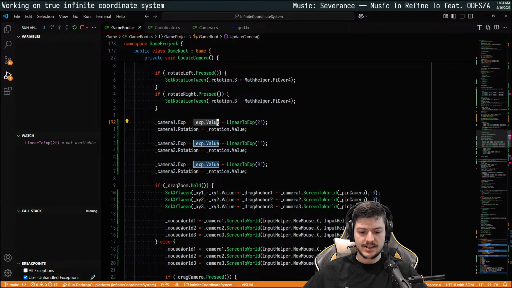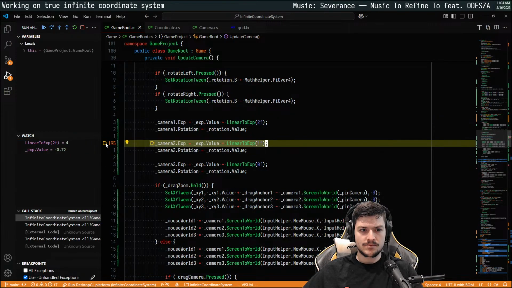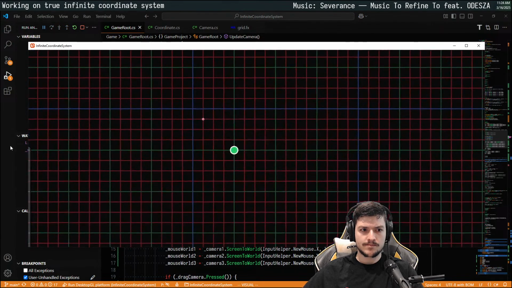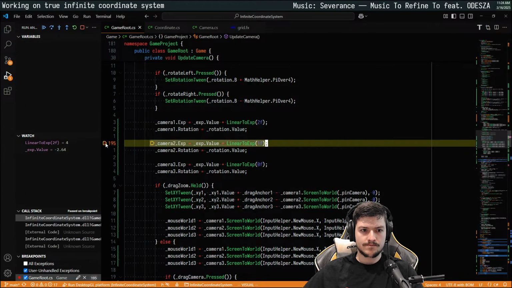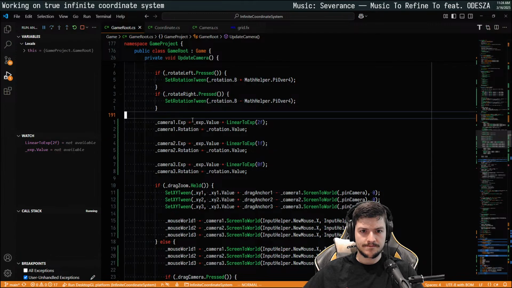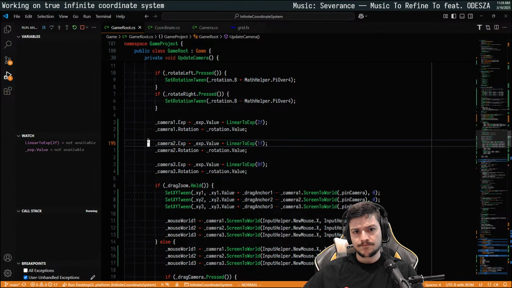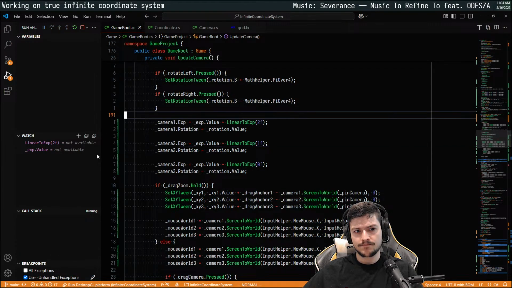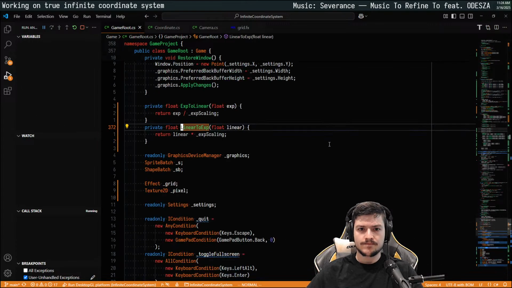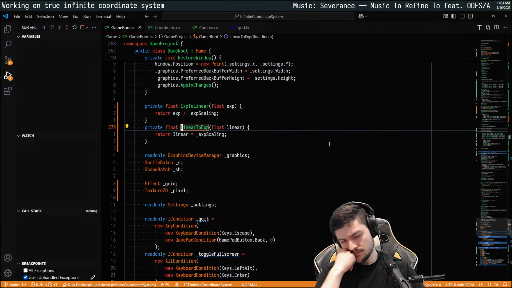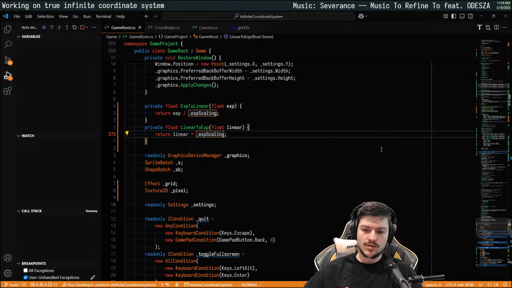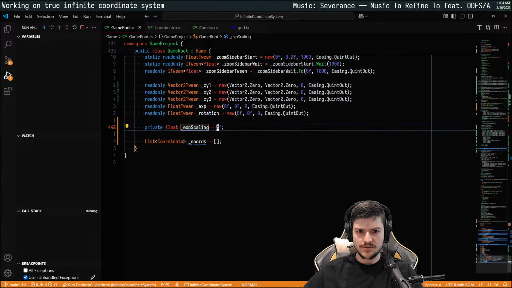The value here can change based on my zoom. Okay. What happens if I change that instead of 2?